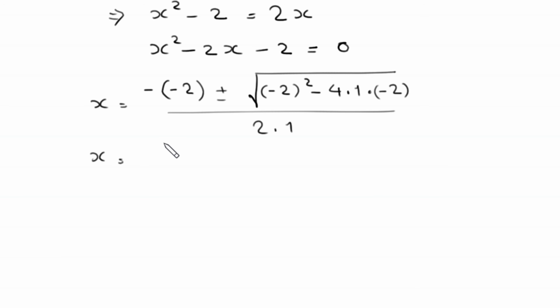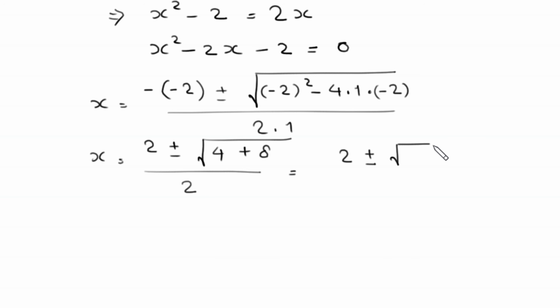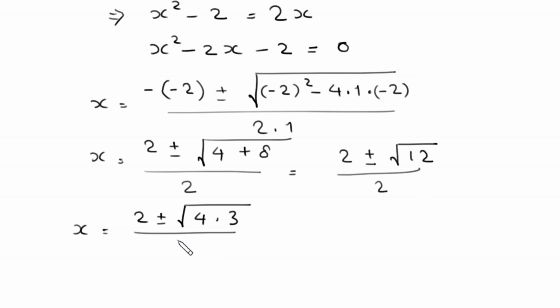Next, x is equal to negative times negative 2, positive 2, plus minus square root of, this negative 2 squared will become 4, minus 4 times 1 times negative 2, plus 8, divided by 2 times 1, 2. This is equal to 2 plus minus square root of 4 plus 8, 12, divided by 2. Next, x is equal to 2 plus minus, this square root of 12 can be written as square root of 4 times 3 divided by 2.